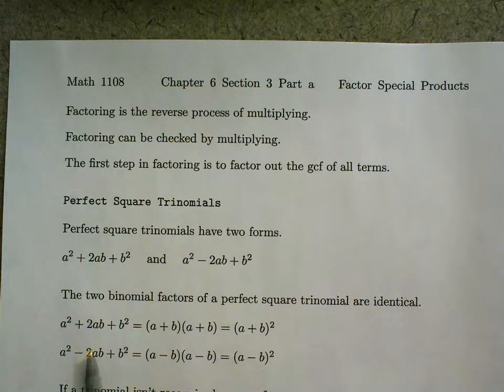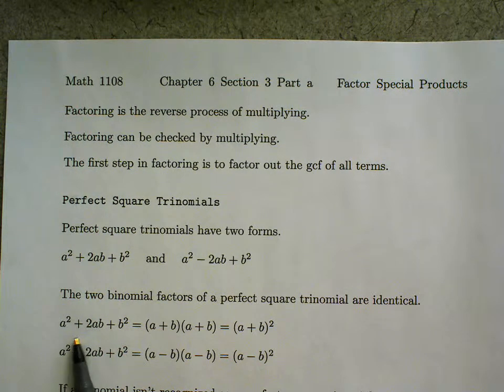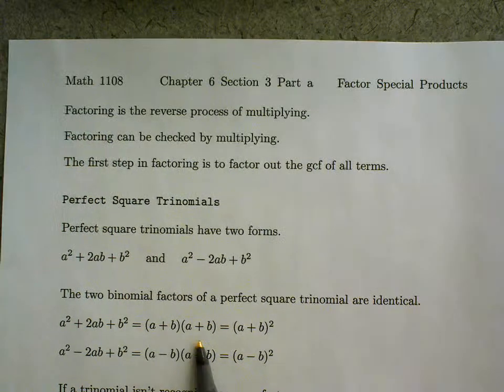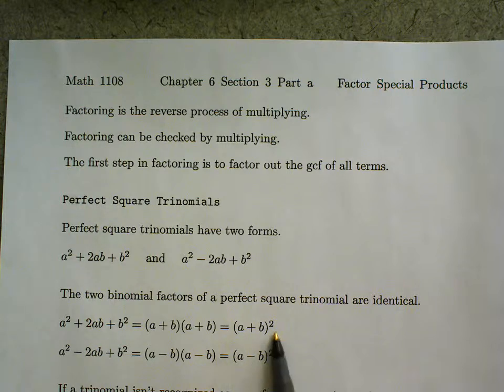So if we factor a to the second plus 2ab plus b to the second, the two binomial factors are the same, a plus b times a plus b. Since the binomials are the same, we can write the factorization as the binomial a plus b to the second.